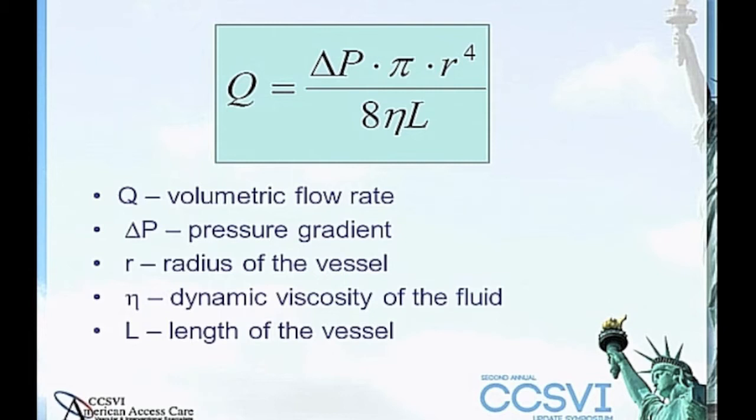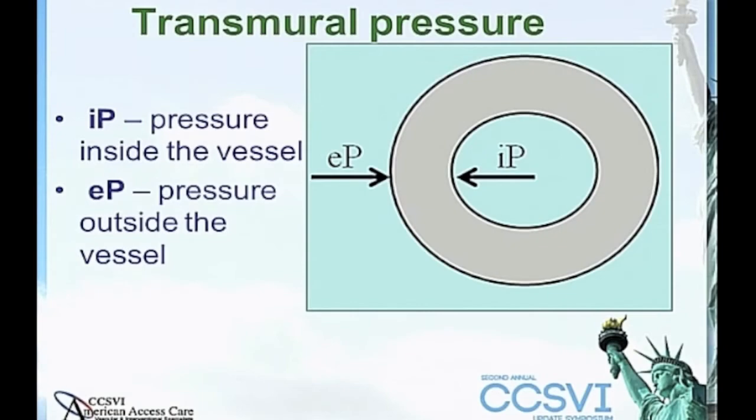The important parameter is the radius. In the case of vertebral veins, this radius does not change dramatically, but in the case of jugular veins, which are collapsible, they change the radius depending on the body posture.